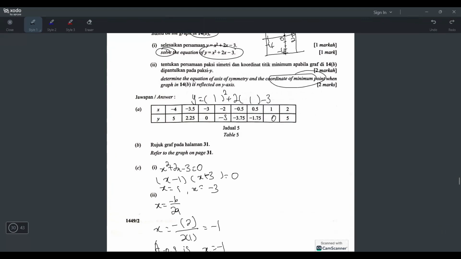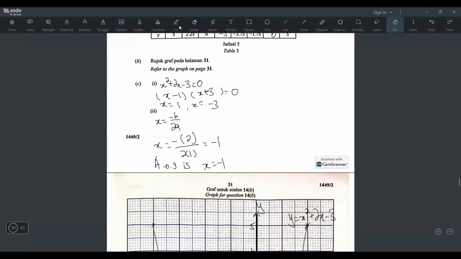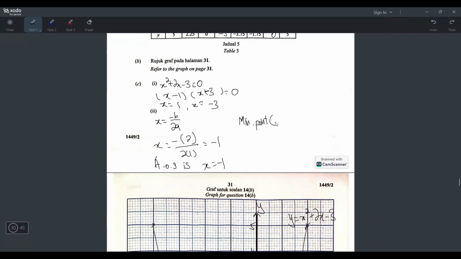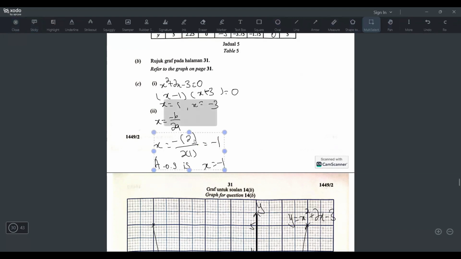They want to find two things, the axis of symmetry and the minimum point, right? Let's find the minimum point. The minimum point's x coordinate will be the same as the axis of symmetry. I need more space, I want to make this smaller.